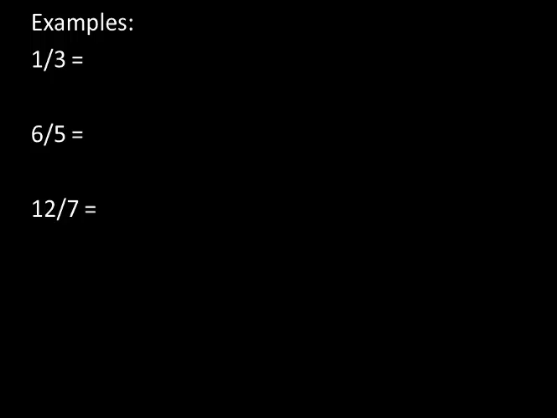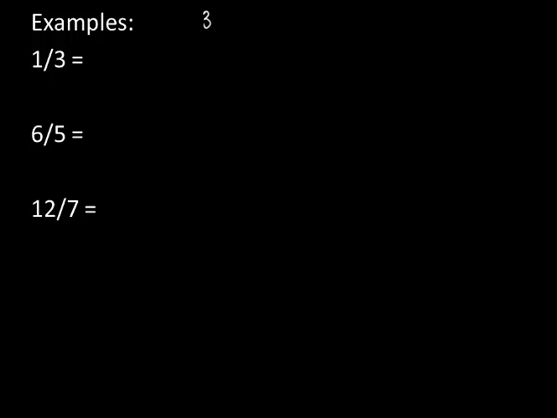Okay, so first we're going to see how to change fractions to decimals. You can always check your answer on the calculator, but remember your calculator will never give you an infinitely repeating decimal. It's going to round up or cut it off at some point. So the easiest kind of fraction is one that has a power of 10 in the denominator.